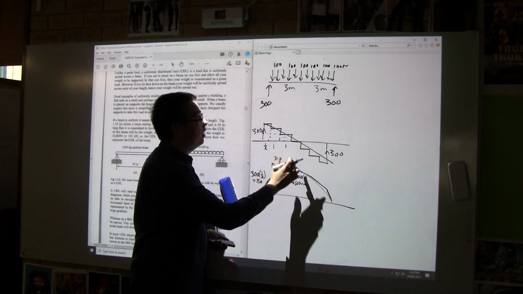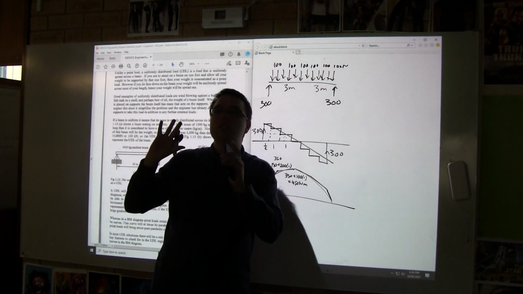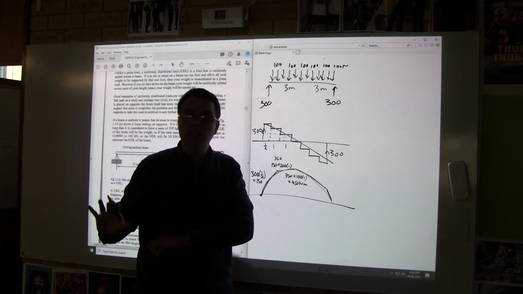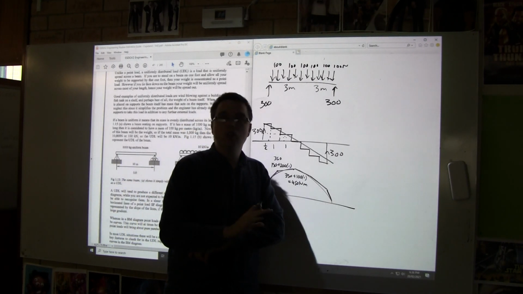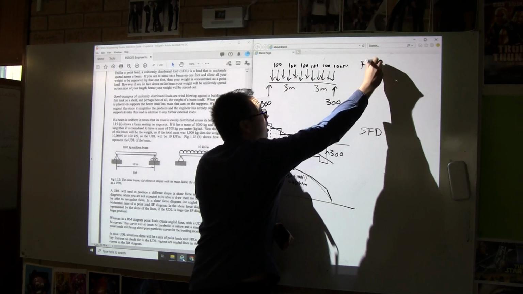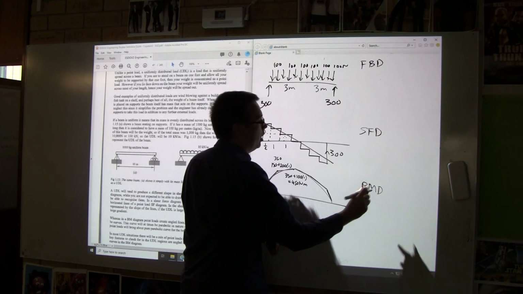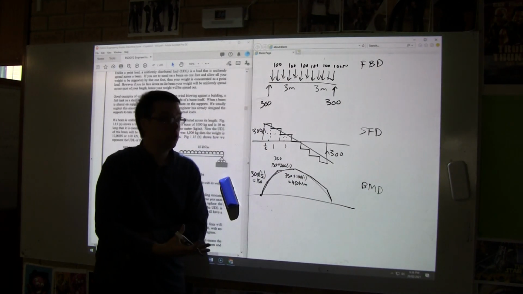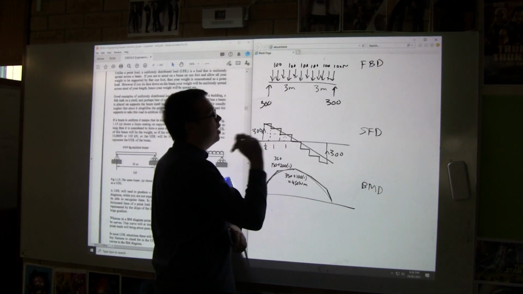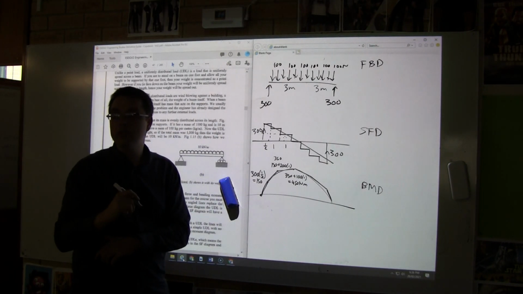To compare, and we're going to look at this in a second, the actual value here is what's really important. In the HSC, they can ask you to recognize the shear force diagram. This is a free body diagram. They can ask you to recognize the shear force and bending moment diagrams for uniformly distributed loads, but they can't ask you to calculate them.